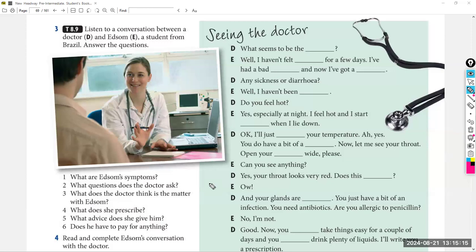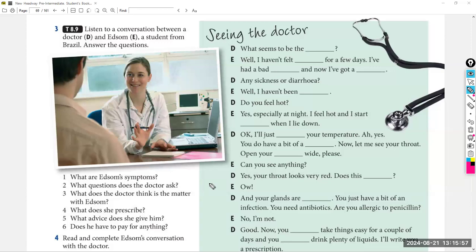At the doctor's. What seems to be the problem? Well, I haven't felt well for a few days. I've had a bad headache, and now I've got a sore throat. Any sickness or diarrhea? Well, I haven't been sick. Do you feel hot? Yes, especially at night. I feel hot and I start coughing when I lie down. Okay, I'll just take your temperature. Yes, you do have a bit of a fever. Now, let me see your throat. Open your mouth wide, please.